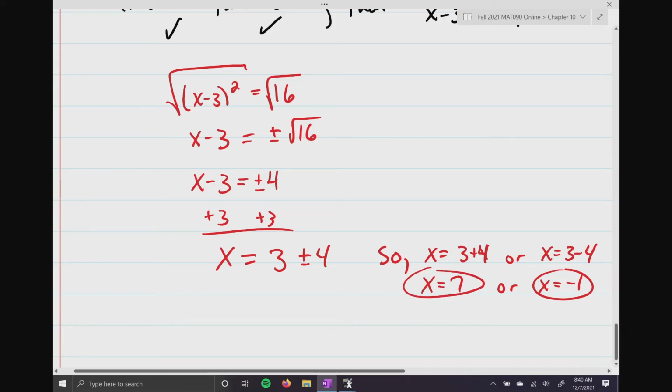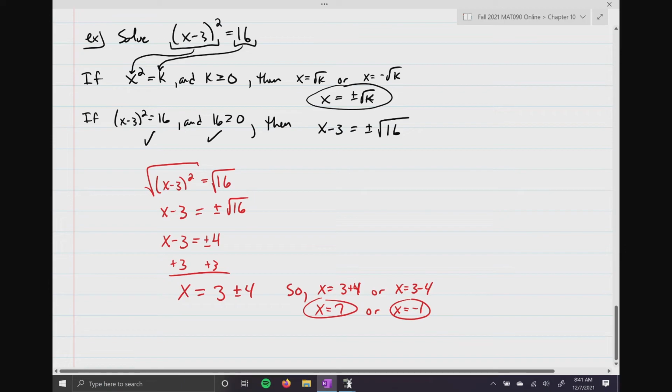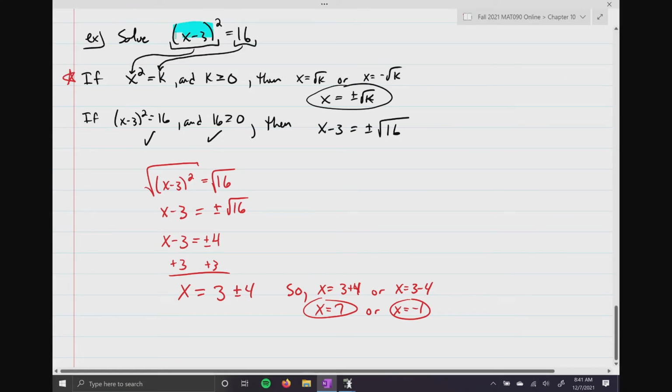I know this problem looked very different. I'm zooming out here just so we can see it. But if you take a step back and assess what's going on, we did not deviate at all from our definition. It's just that we have to be able to recognize that this quantity raised to the second power is a quadratic term.